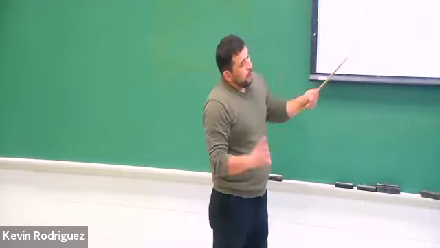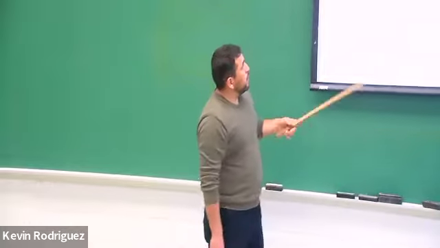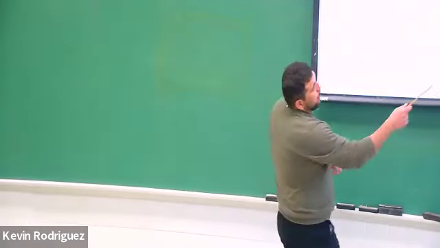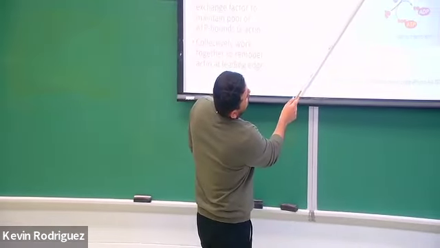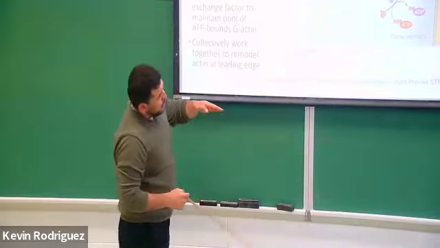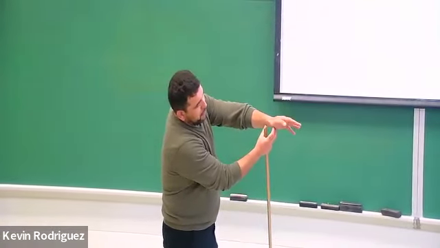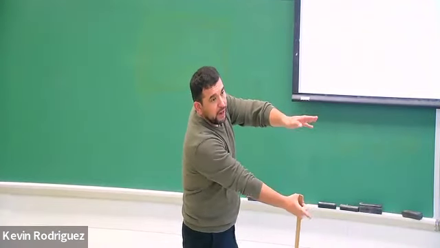So, right, in some of your stories, formin, critical player, we need it at the front so we can make the actin cables. Next, that ARP2/3 complex, right? Look at this beautiful guy right here. It should look something like this, where you have a cable growing, it'll clamp onto a pre-existing cable, like at the side of a cable, and then it'll basically let you build another actin cable shooting off to the side.